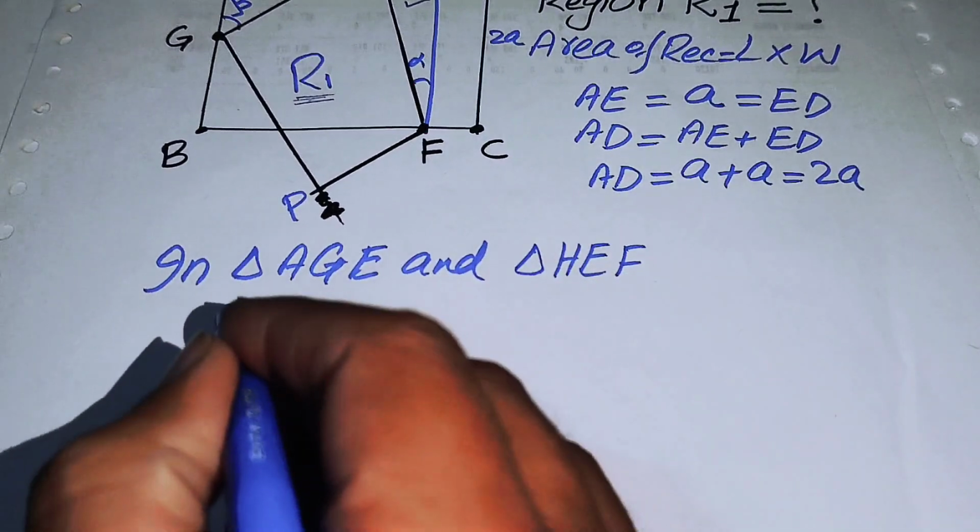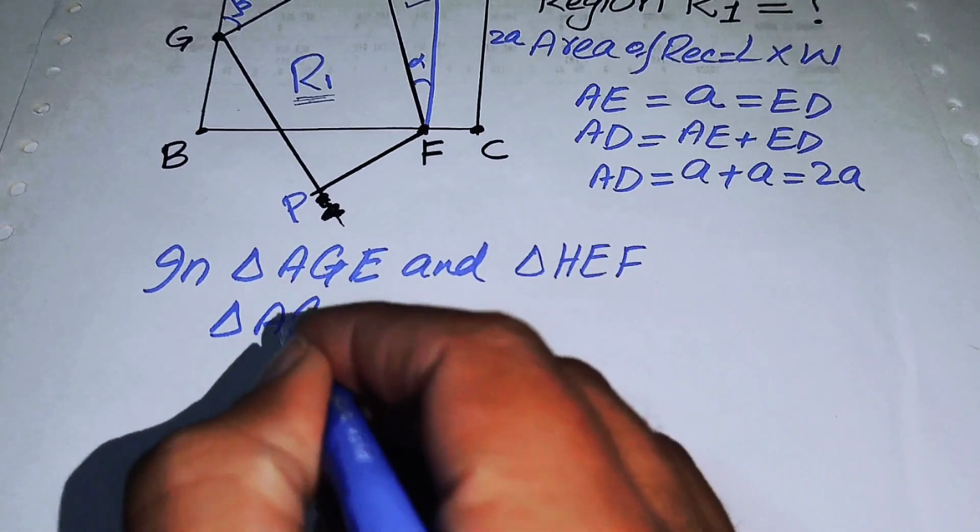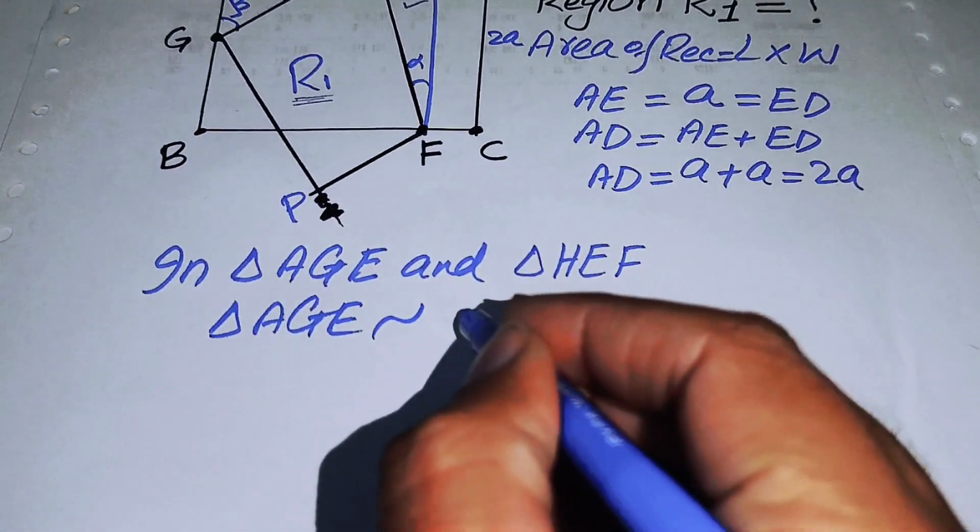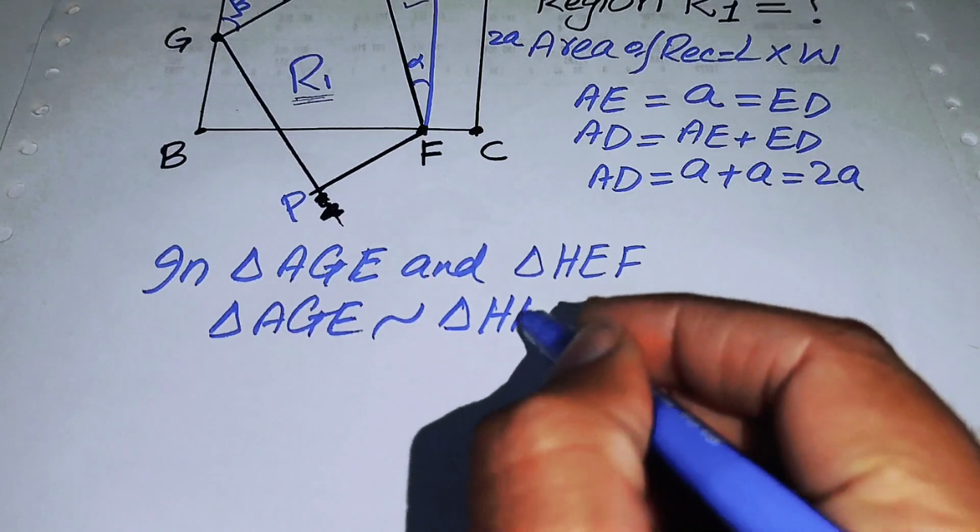So we write triangle AGE is similar to triangle HEF.